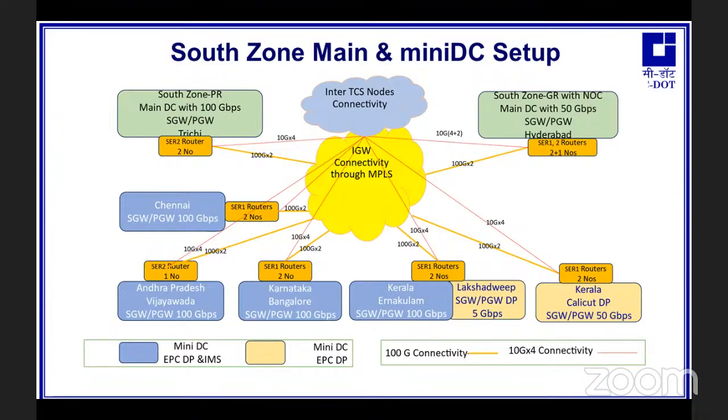We don't know exactly, because in the diagram it is showing MPLS. Exactly we don't have the idea, but yes, for MPLS there are two redundant 100G links.